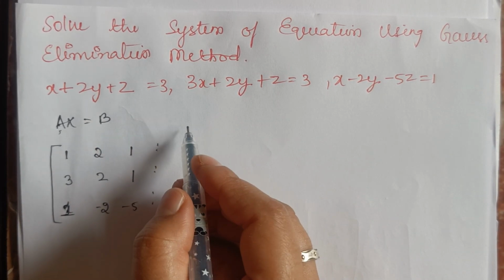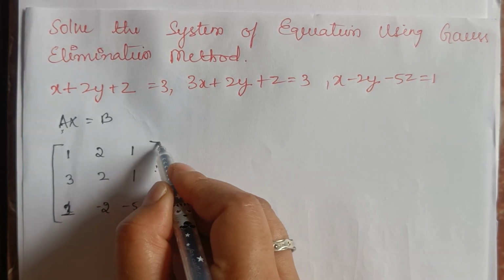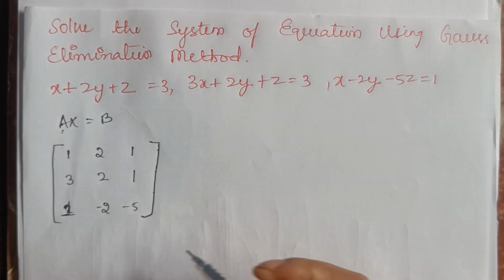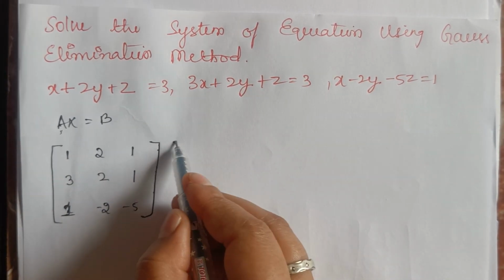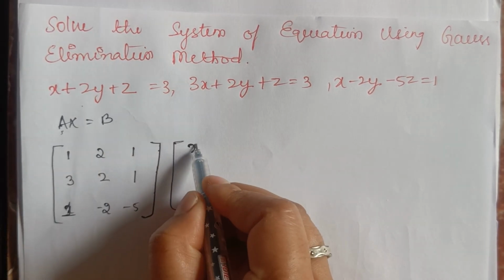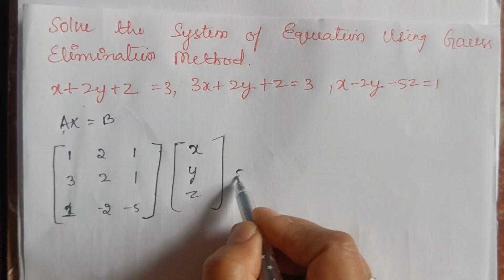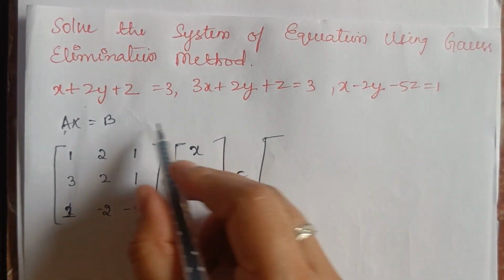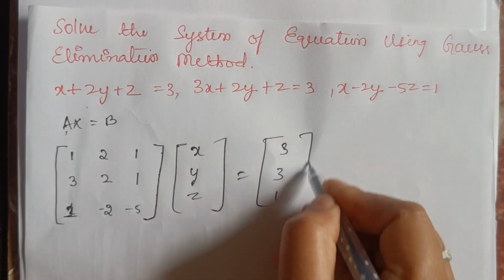This is A, and this is the unknown x, y and z, which equals the constant matrix 3, 3 and 1.